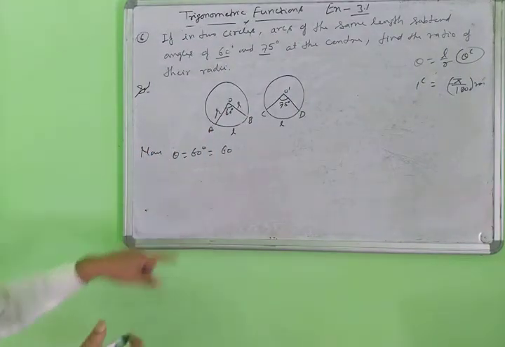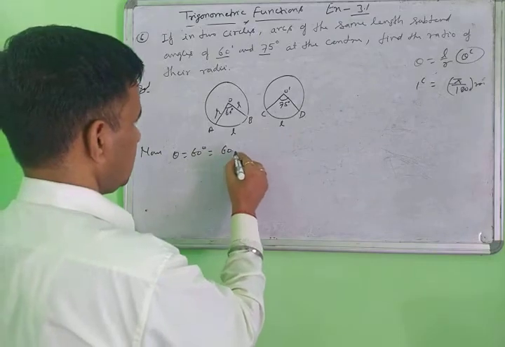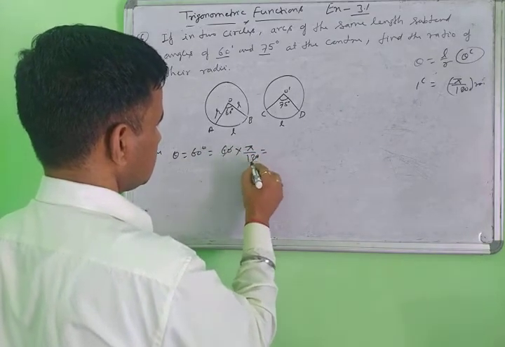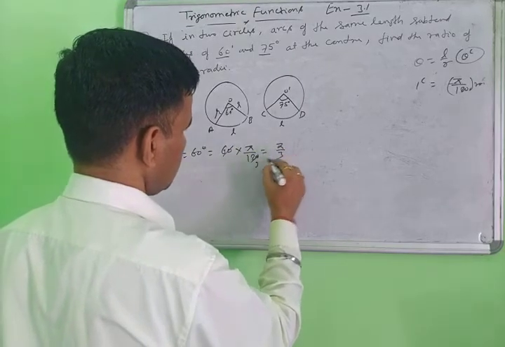Note down here. So what is the value of this? 60 into pi upon 180 comes to pi upon 3.